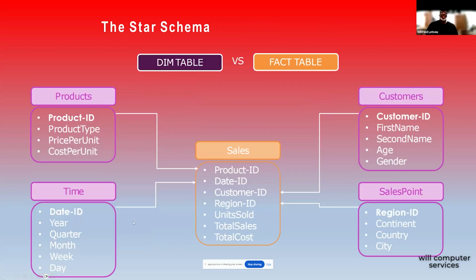Now, last week we also talked about the star schema, dim table, and fact table. You will see the same thing in Power BI, Tableau, SQL, and Python. These are the main backbone of every visualization, dashboard or report that we see.